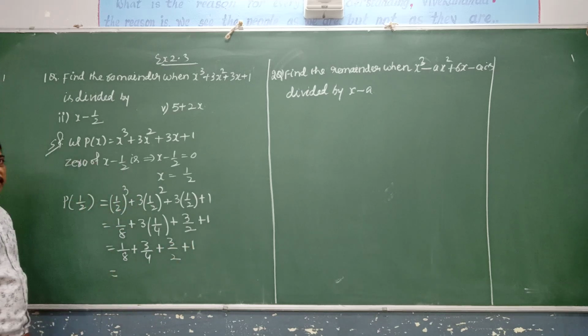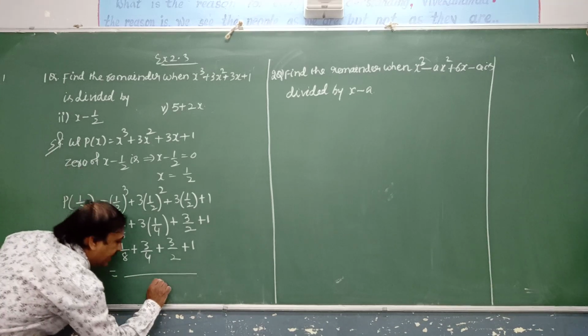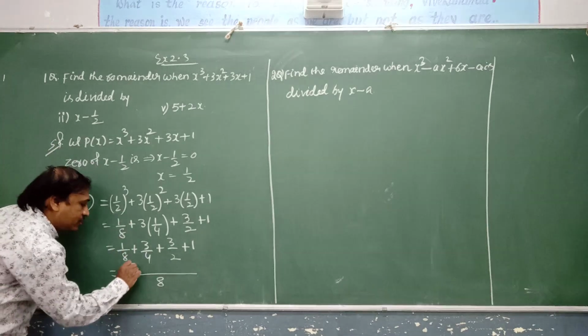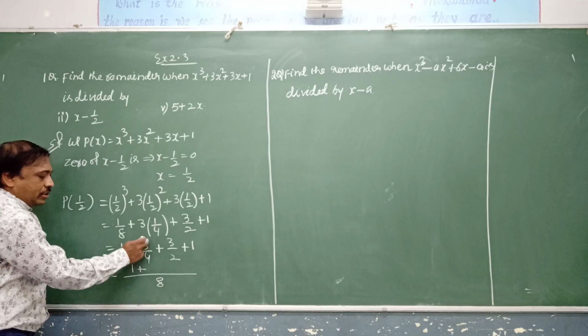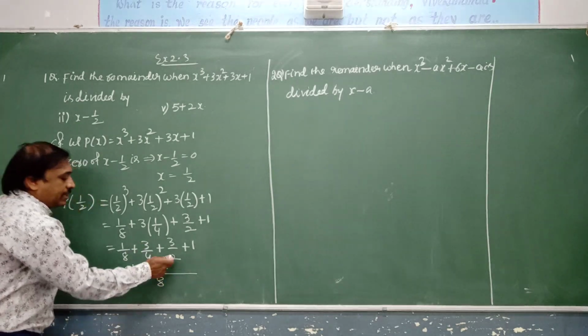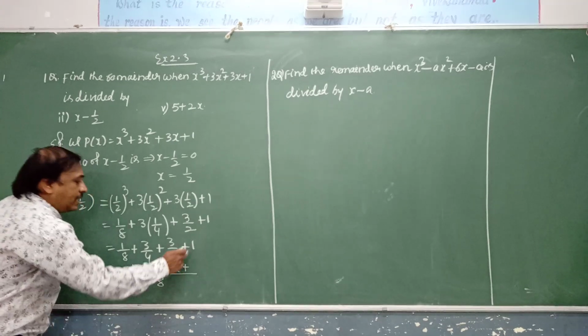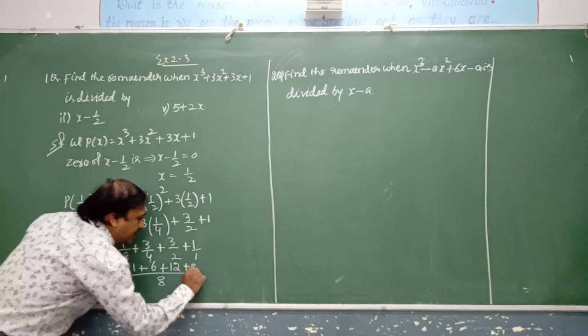Now find the LCM for this. The LCM for all of these is 8. 8 table, 8 one time you get, so 1 into 1, plus 4, 8 table 2 times, 2 into 3 is 6, plus 2, 8 table 4 times, 4 threes are 12, plus 1 by 1, 8 ones are 8.